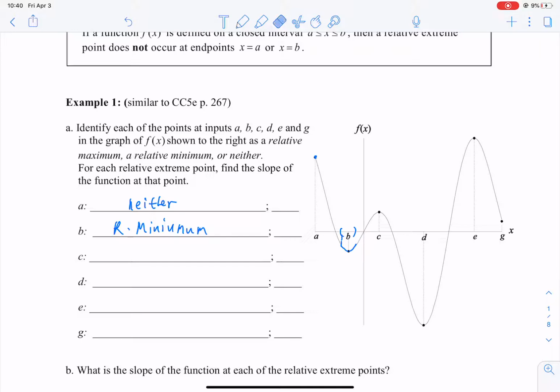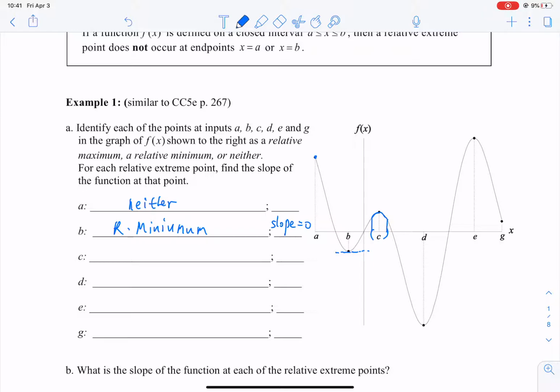And for point B, let's check the slope of the tangent line. If you draw a tangent line, then you can see the tangent line is horizontal. So the slope of the tangent line is 0. And similarly, point C. Point C, if you draw any open interval, then this is the corresponding function.